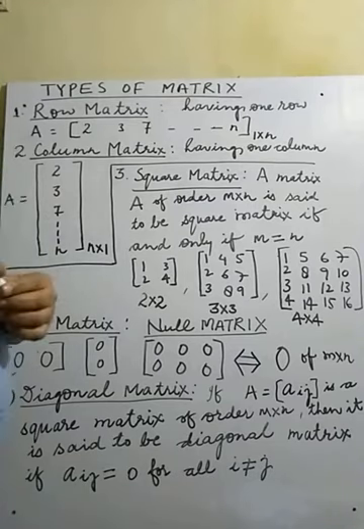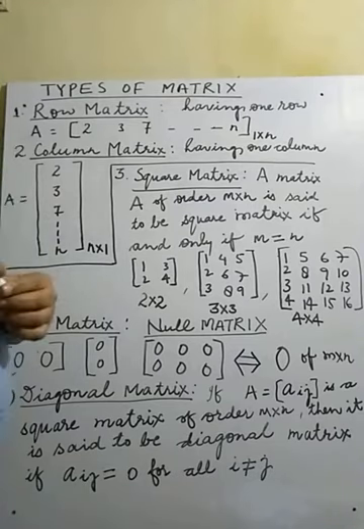Since one row is represented with different columns, a matrix containing only one row is known as a row matrix, because only one row of this matrix is given.